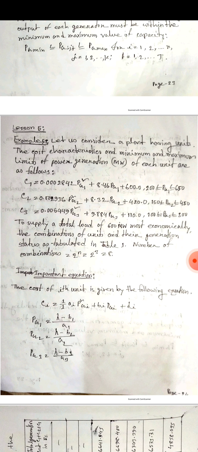We solve the problem. This is table 5.1, the combination of the units and their status for the dispatch of a 600 megawatt load.